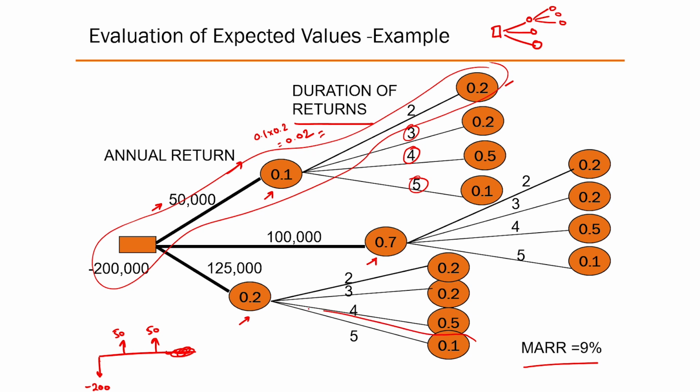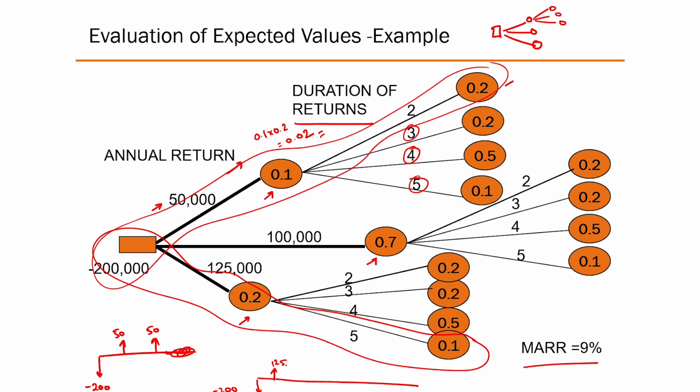Similarly, if you were to calculate, let's say for this particular branch, your number of years here are 5 and your cash flow is 125. Right? And then this particular branch gets this value, whatever the present worth of this particular cash flow, and you multiply it by probability of again 0.2 into 0.1. Got an idea how to solve this tree?